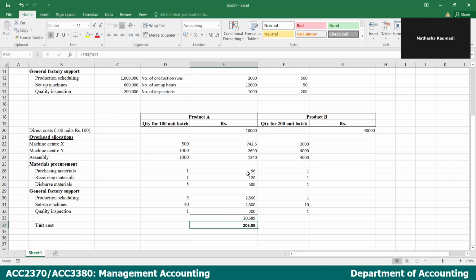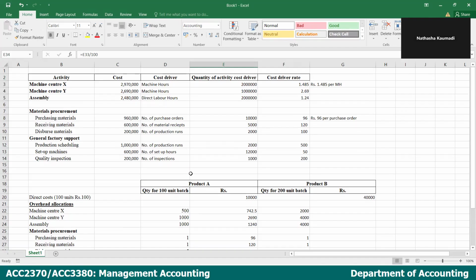This is how you calculate the cost using the activity-based costing method. Now here, since we have combined 2 or 3 questions, you have both traditional absorption costing elements as well as ABC elements. Sometimes the whole question can come from the activity-based costing method.